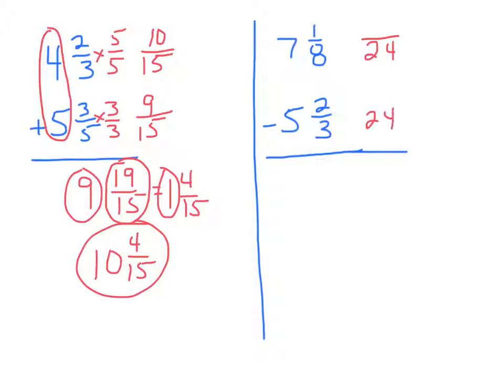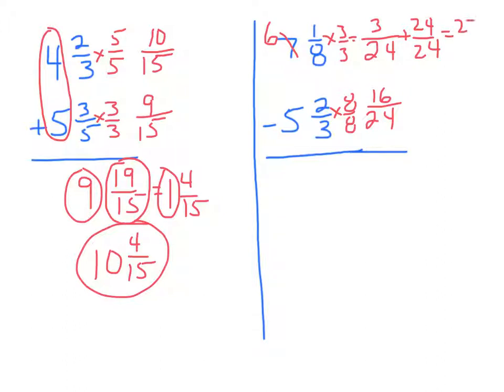So I'm going to multiply this top one by 3 over 3, and I get 3 24ths. I'm going to multiply the bottom one by 8 over 8, and I get 16 24ths. I can't subtract 16 24ths from the 3 24ths, so I'm going to have to regroup, take 1 away from the whole number 7, make that a 6, and that 1 that I took away, I'm going to think of it as 24 24ths.